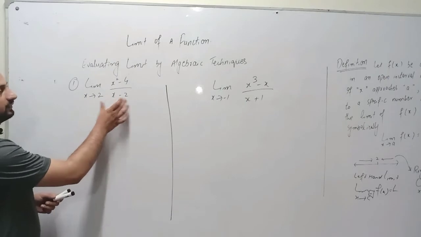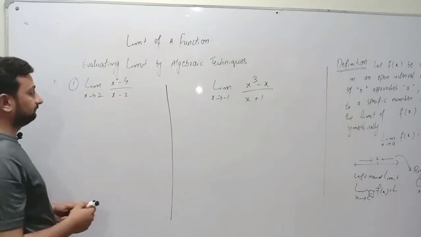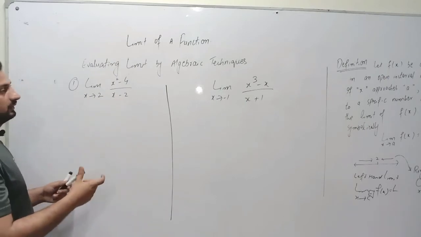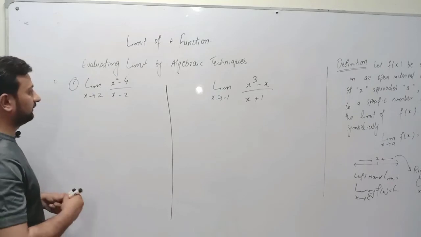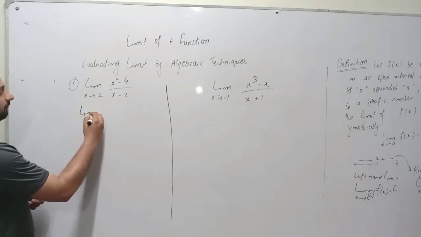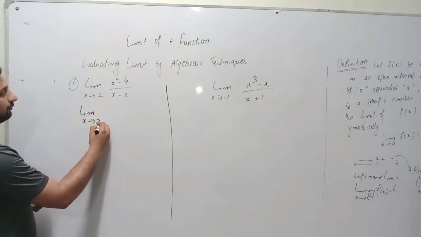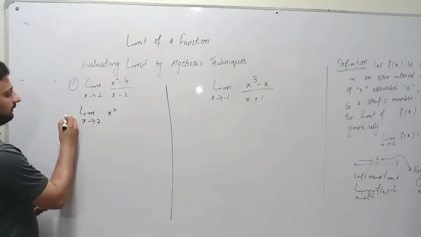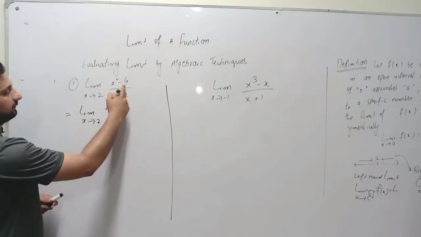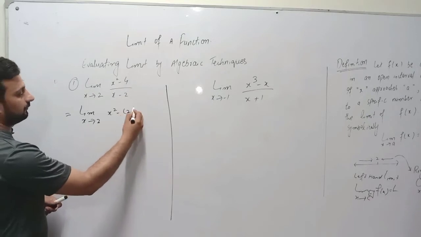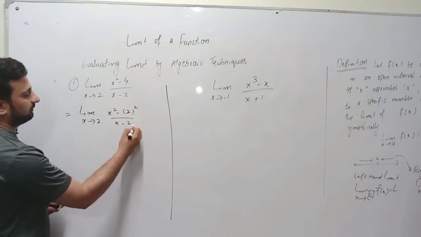This is the same question that we have already done. So how will we solve it by using algebraic techniques? Limit as x approaches 2 of x squared minus 4, and this 4 can be written as the square of 2, divided by x minus 2.